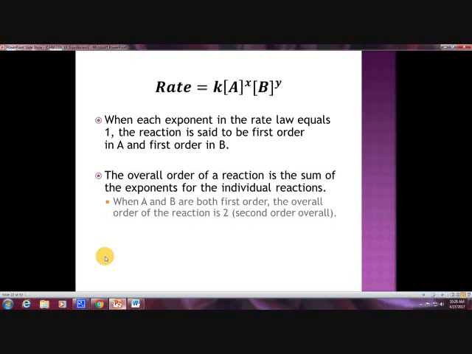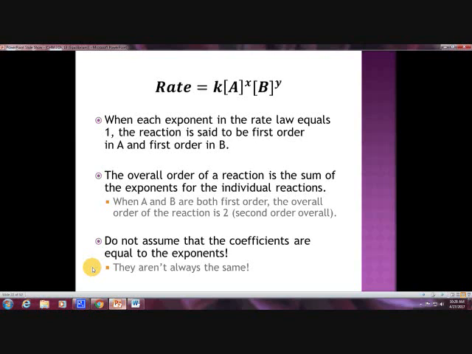The overall order of a reaction is adding up the exponents together. So if x was 1 and y was 1, then 1 plus 1 is 2, so we call it second order overall. We're not going to really do much with that. Do not assume that the coefficients are equal to the exponents, because they're not always the same. Just got to say that one more time.